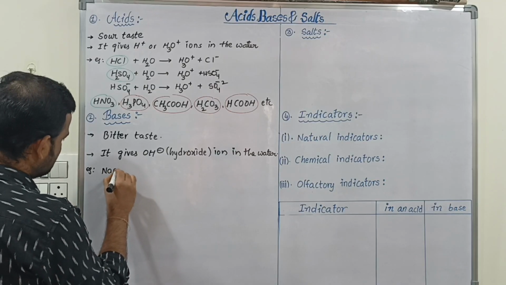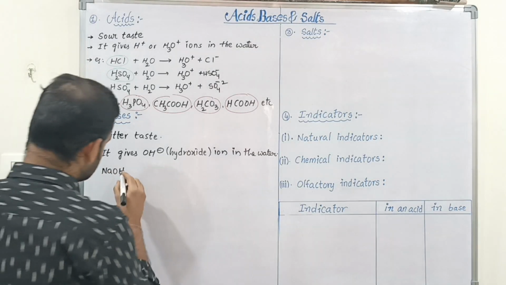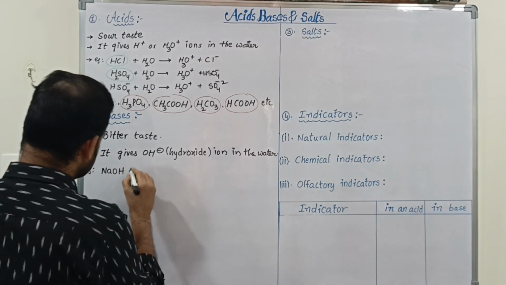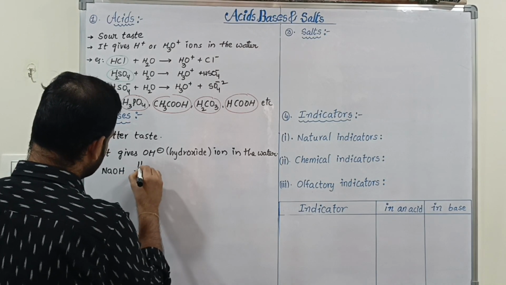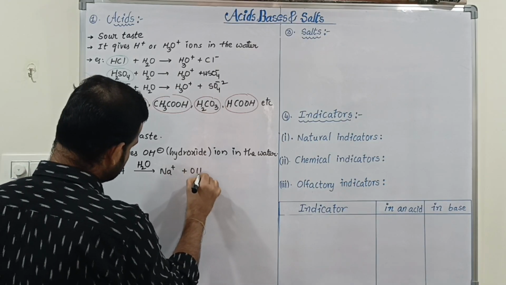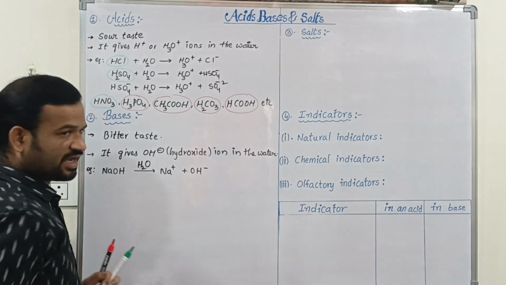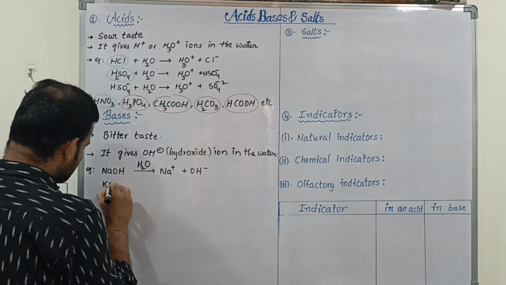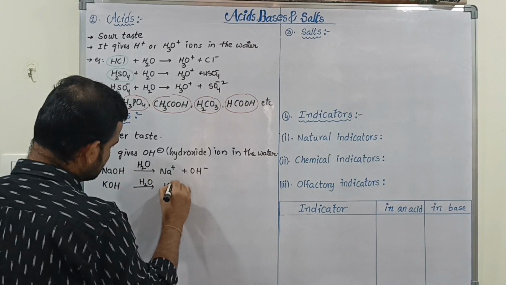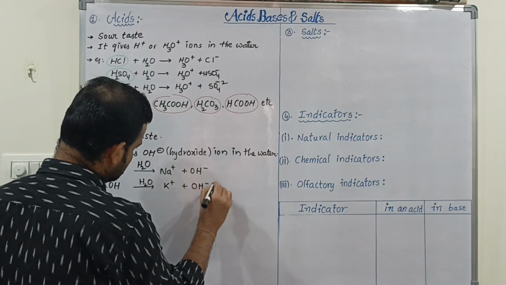For example, sodium hydroxide, a strong base. Sodium hydroxide is also called caustic soda. It is dissolved in the water, forms Na plus OH minus, sodium ion and hydroxide ion. Like that KOH gives K plus OH minus.